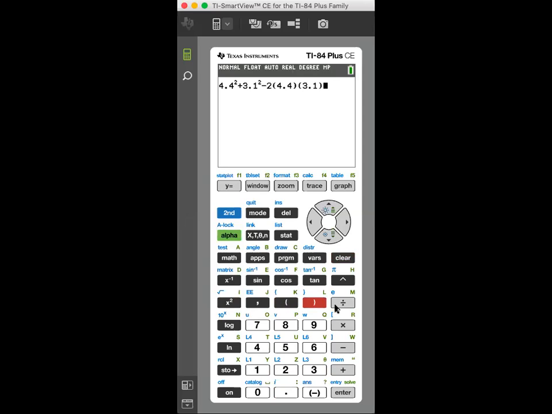And then that's going to be multiplied by the cosine of 150. And from here, I'm going to hit enter, and I get the number 52.595.